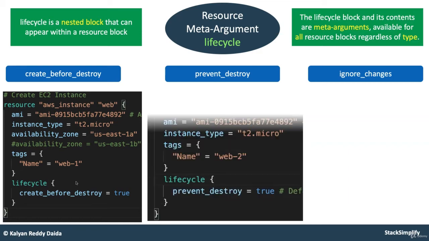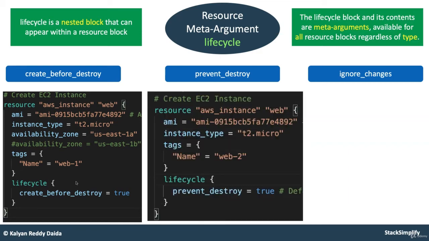The next thing is prevent_destroy. If you really don't want to destroy a resource, you can enable this flag, prevent_destroy equal to true. It will not allow us to delete accidentally or forcefully any resource for which the lifecycle has prevent_destroy true. For example, say there is a costly database which we need to manage, and we plan to never delete it at any point of time; then you can enable it.